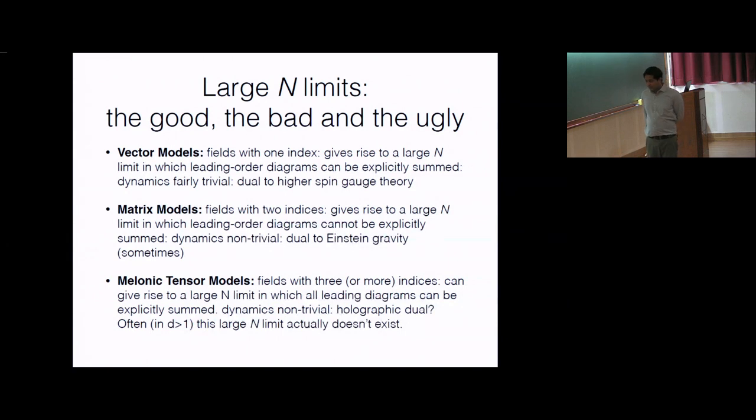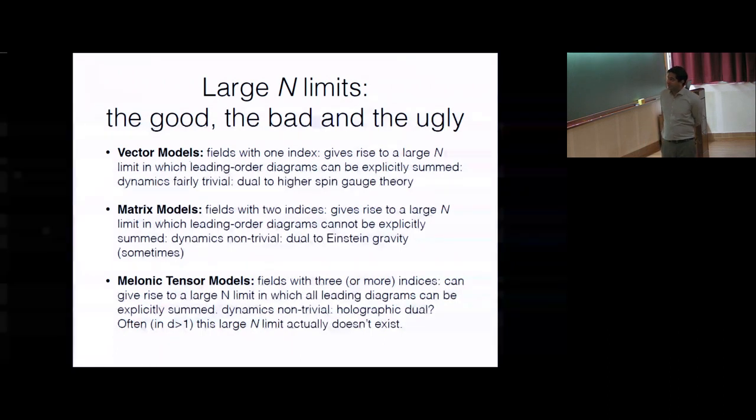The second large N limit, which we're familiar with, is that of matrix models, which are based on fields with 2 indices. Historically, those were the 2 indices of an adjoint representation, but now we know there are examples of bifundamental theories with gauge theories which have this large N limit.